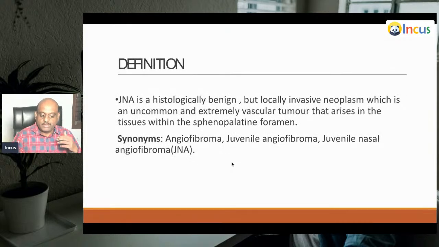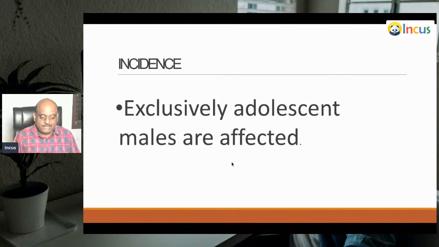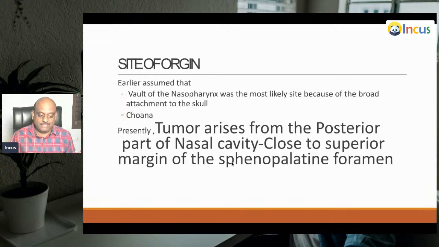Histologically, the juvenile nasopharyngeal fibroma is benign, and you should also remember that it arises from the sphenopalatine foramen. Exclusively adolescent male, that's the reason it is called juvenile.